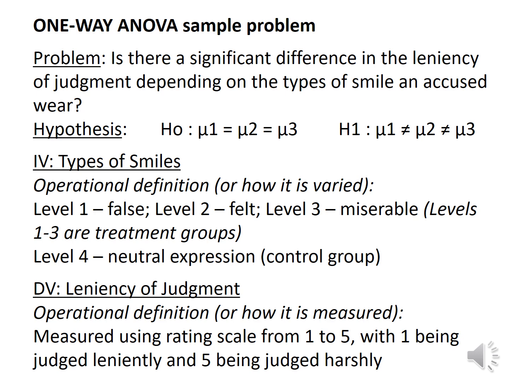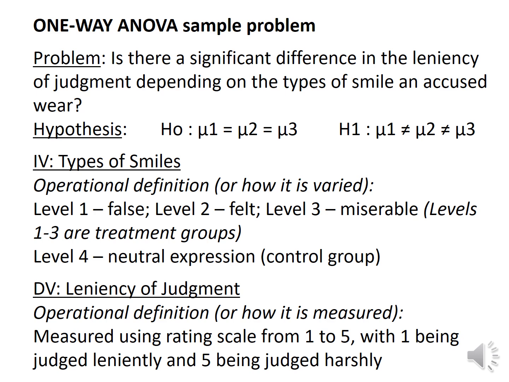After they were presented with a picture of that smile, they judged the person in the picture, assuming that he is an accused, and passed judgment. The judgment they gave was interpreted as either lenient or harsh. So that's the scenario, just a problem.